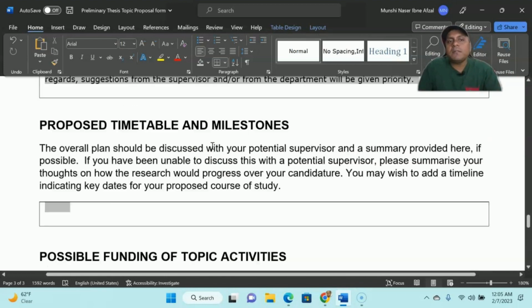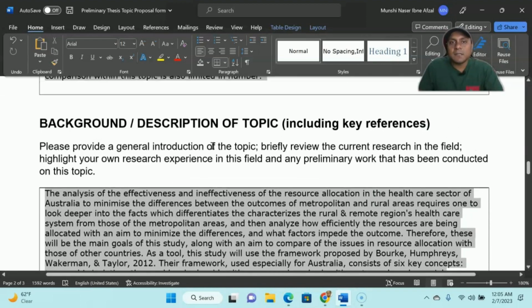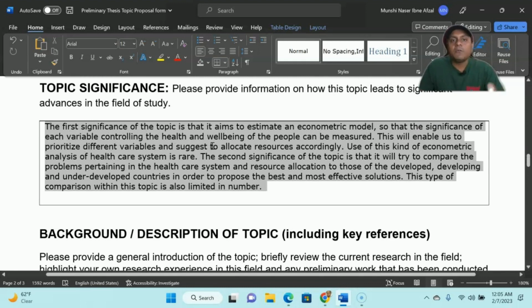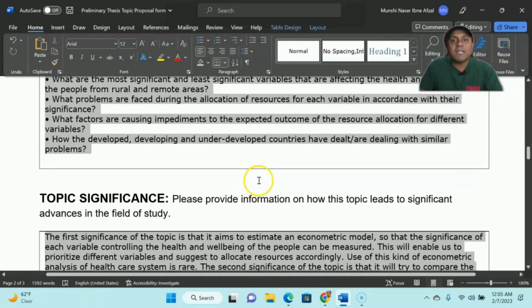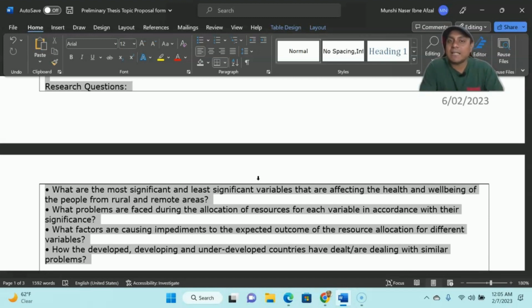So if you follow this type of proposal for your research application for doing masters or PhD, I mean higher studies in Australia, New Zealand, UK or Malaysia or any other universities which follow the UK system, I'm pretty sure the supervisor will be very happy to take you, because you are focusing on something which falls under the supervisor's interest as well.